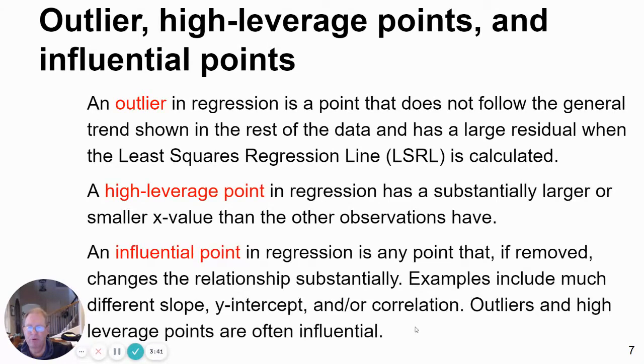An influential point in a regression is any point that, if removed, changes the relationship substantially. Examples of relationships that could be changed include having a different slope, having a different y-intercept, and/or having a different correlation. Outliers and high leverage points are often influential.